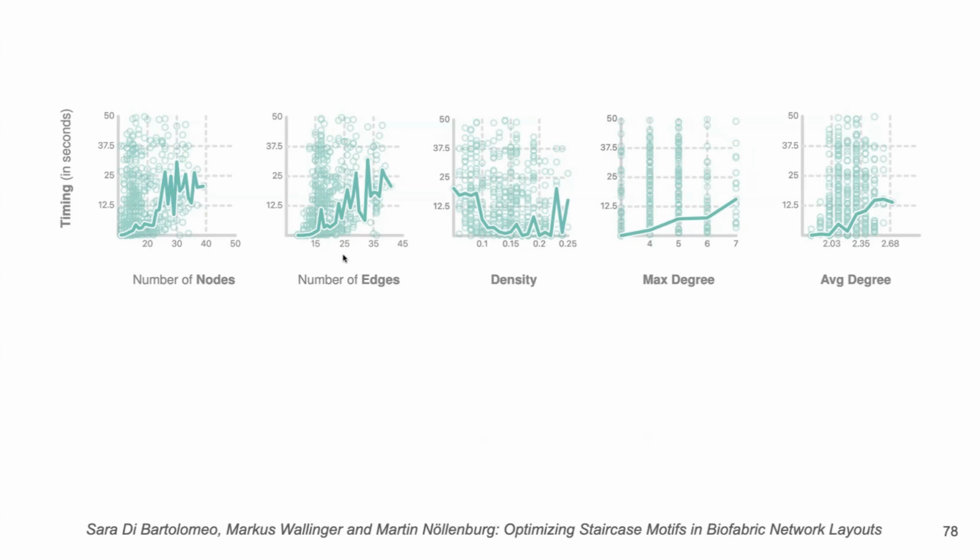Number of edges also does, but it's not what drives the difficulty in solving the problem. What really does is the maximum degree. So the node that is more connected, if it is of degree 7, if it is of degree 8, that is generating lots of different variables in the problem, and that is creating more and more difficulty for the problem to be solved.